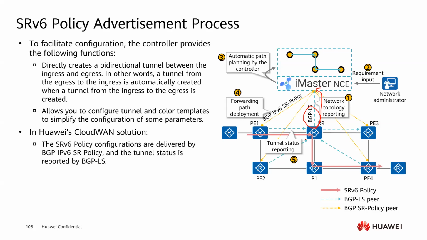Then our network manager will input a requirement, like from P1 to P4, the path should be this way. Then the NCE will calculate the path and send it based on the SRv6 policy, sending the segment list to P1, and the packets P1 sends will follow this path.